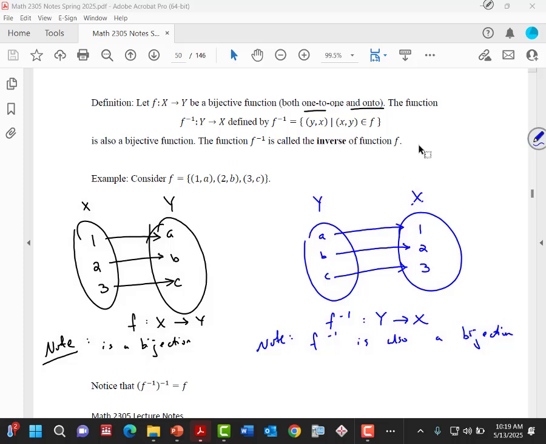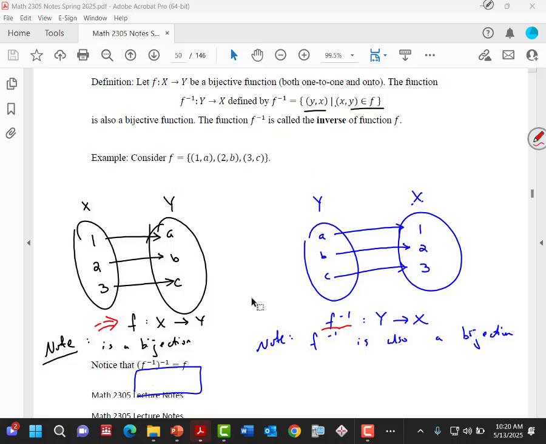The other thing to notice is that f inverse inverse equals f. If I took this function f inverse and found its inverse, swapping x and y yet again, I would arrive back at the original function. So we say the inverse of the inverse is the original function. That shouldn't come as a big shocker, but it is.